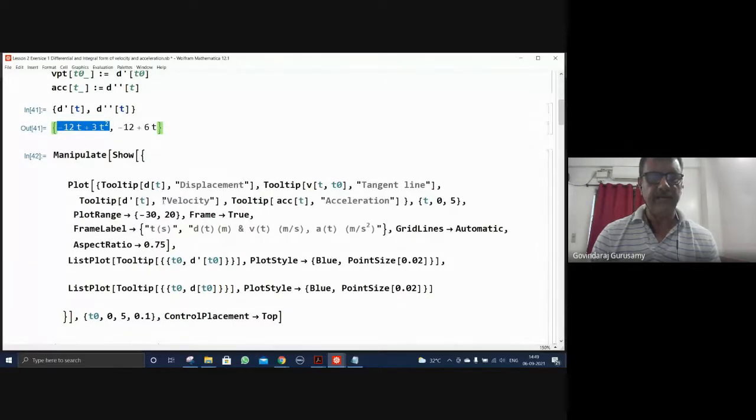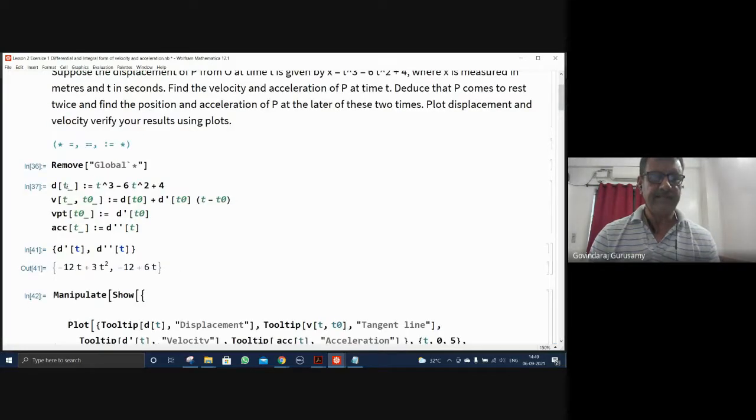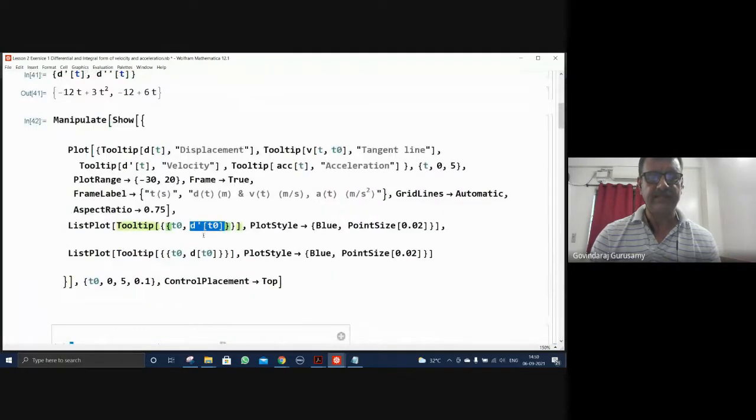In this definition, in one place we have used t, in another place t0. I think you will now appreciate the purpose of accepting different variables. t can be any variable. Here you can see clearly I made it t0. T0 is varying here, whereas here it is t.